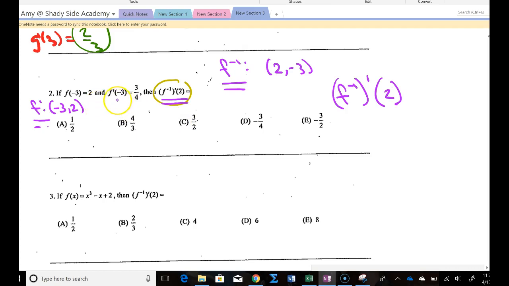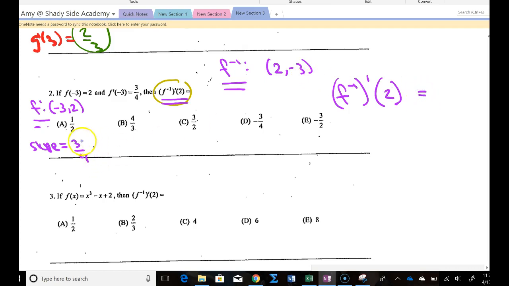So the slope of the line tangent to f at x equals negative 3, this slope equals 3/4. Well, if the slope at x equals negative 3 is 3/4, what do you think the slope at the corresponding point (2, -3) should be?